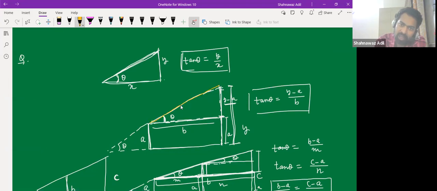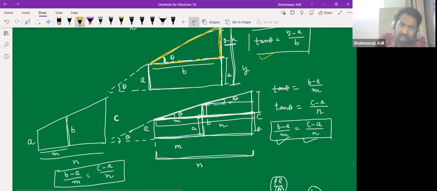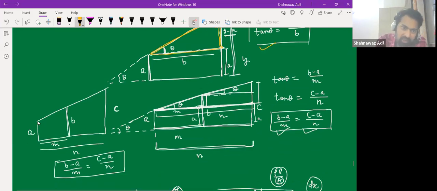Okay. So to calculate the slope from here, we calculated this thing. So this was y minus a divided by b. Again, what we did was that we had this kind of structure.